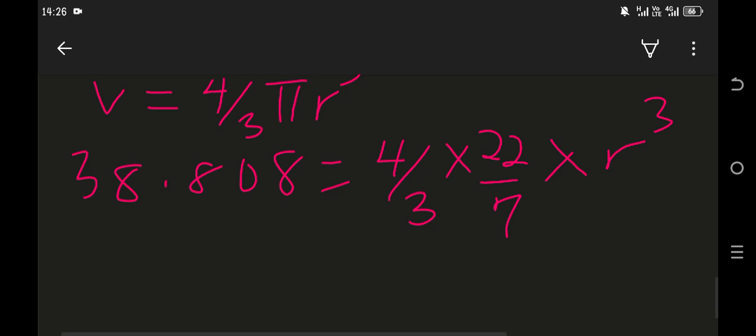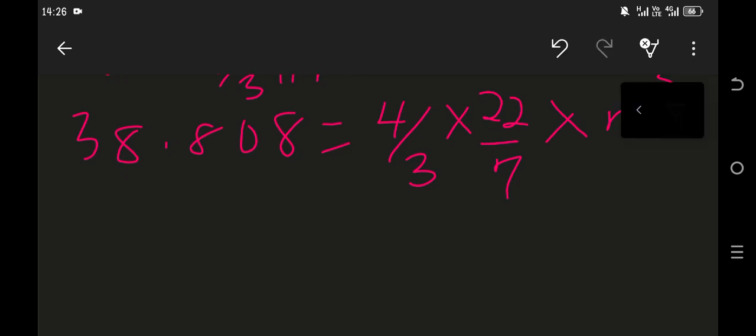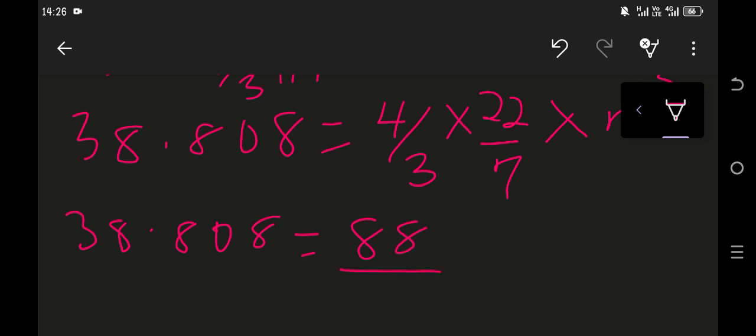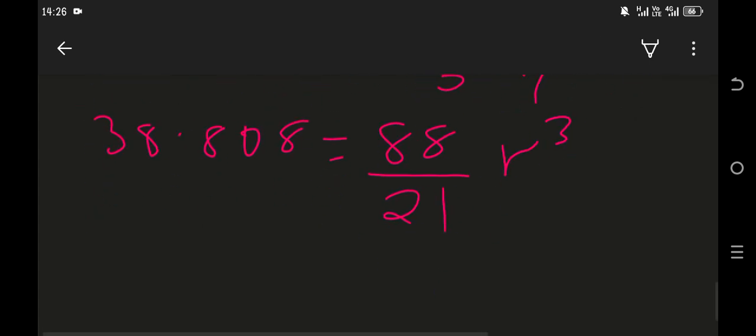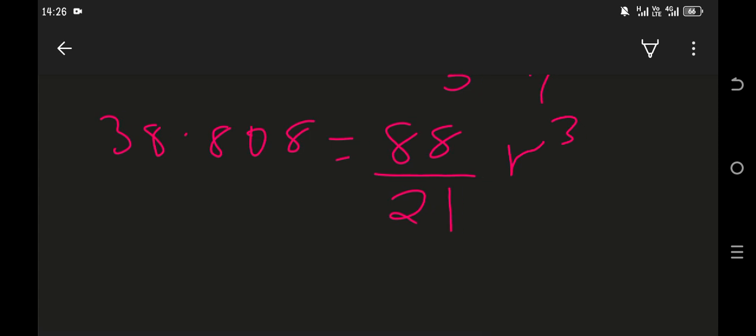Now we are going to work this out so that we have 38.808 is equal to 4 times 22 is 88, all over 3 times 7 is 21 times r cubed. The next step is to multiply both sides by the reciprocal of 88 all over 21.